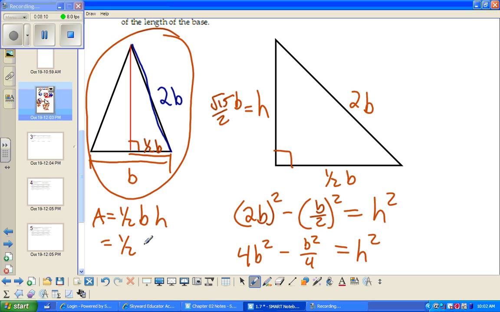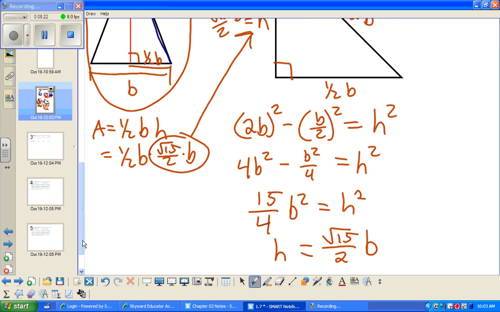So that's going to be 1/2 base times root 15 over 2 times the base, since that is our height, which means the area we're looking for, 1/2 times root 15 over 2, B times B, combine all that, you get root 15 over 4 times B squared. That was a good problem. I liked it.